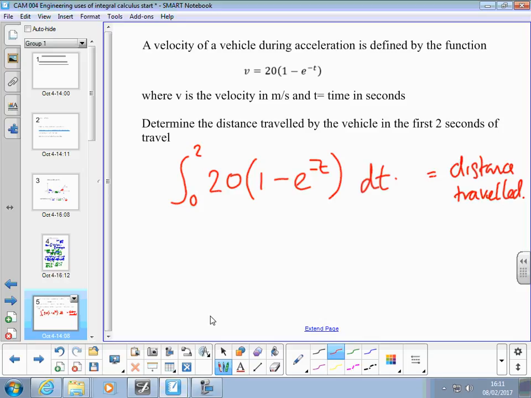How are we going to integrate that? What are we going to do to it? How can I simplify that? Let's write my t a little clearer. Or minus t.